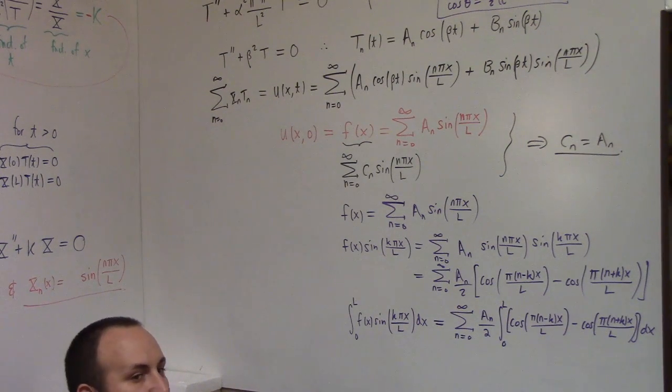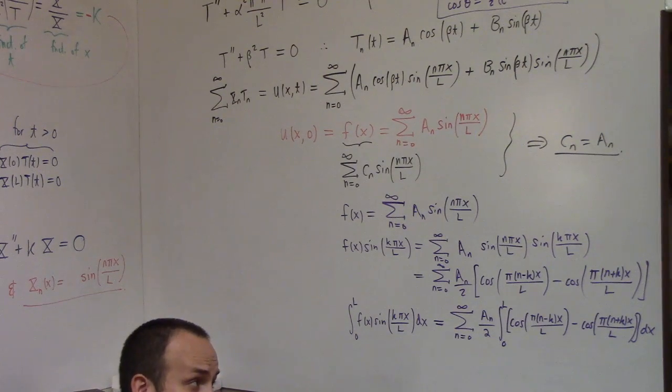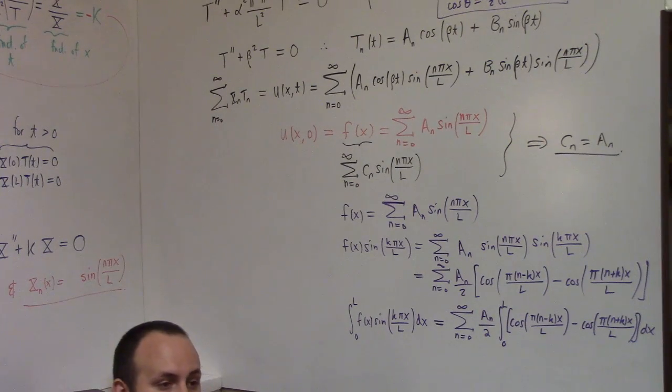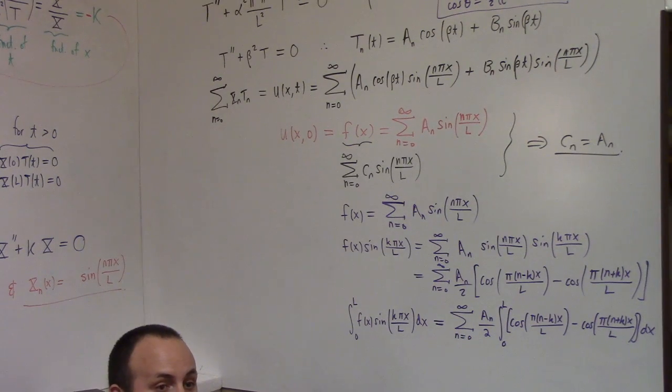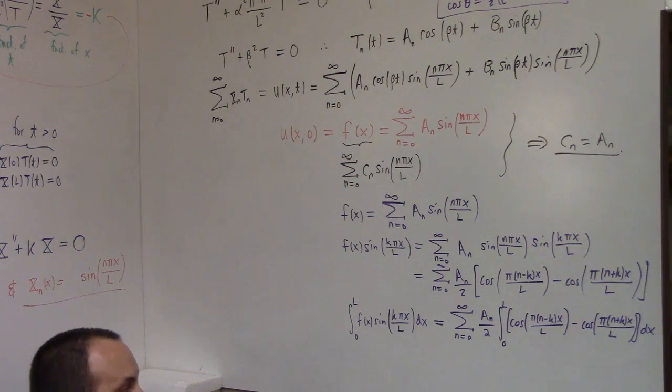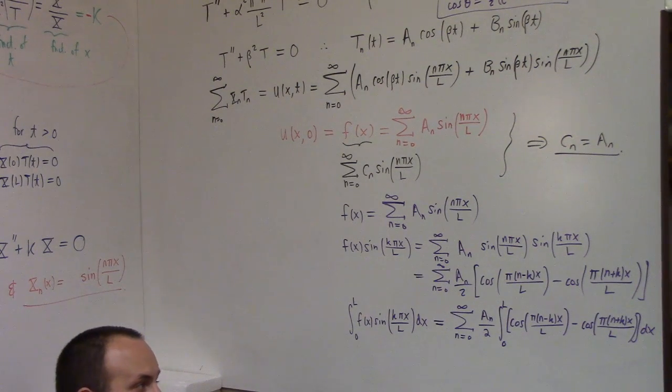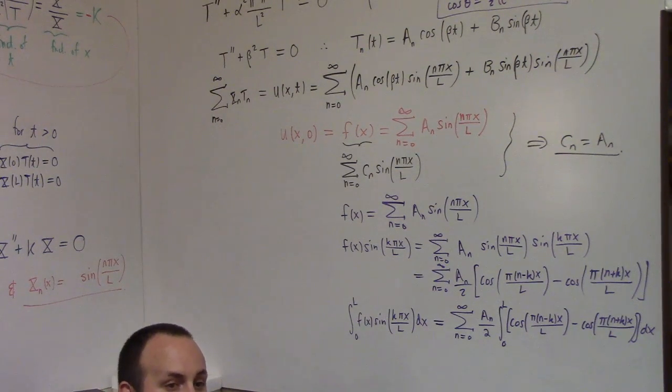The other one integrates to L divided by pi times (n plus k), sine of the argument. And then you're evaluating from 0 to L. Sine of 0 is 0. Plug in L, the L's cancel, and you're left with sine of an integer multiple of pi. And if you're sloppy, it seems like I just said everything is 0. But there's one case that the argument I just gave doesn't cover. This is 0 except when n is equal to k.